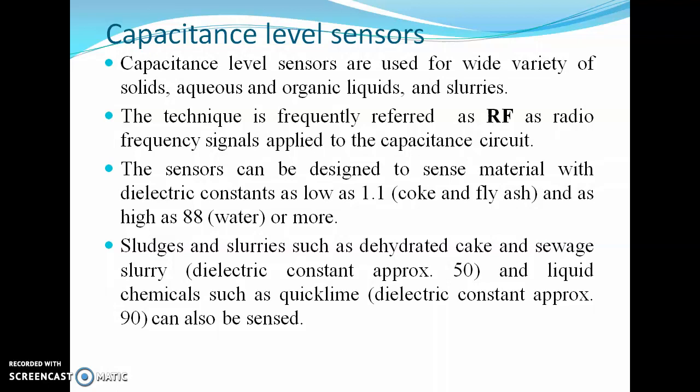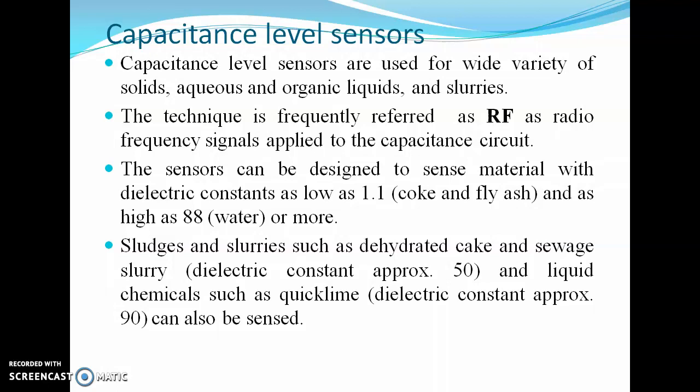The technique is frequently referred to as RF or radio frequency signals applied to the capacitance circuit. So it uses RF signals.